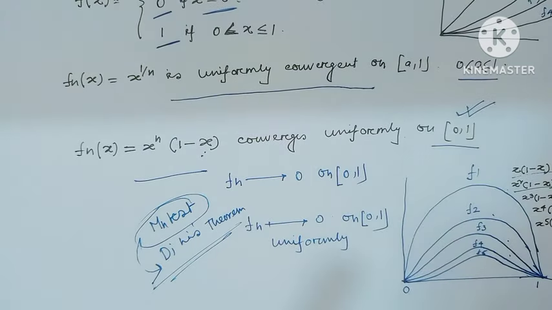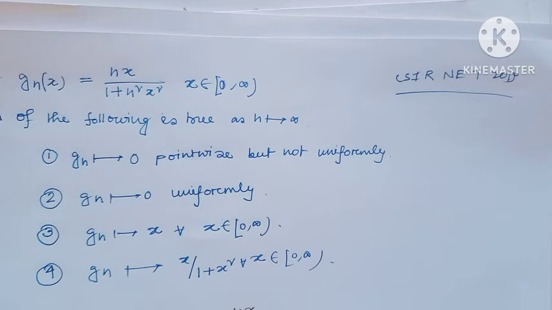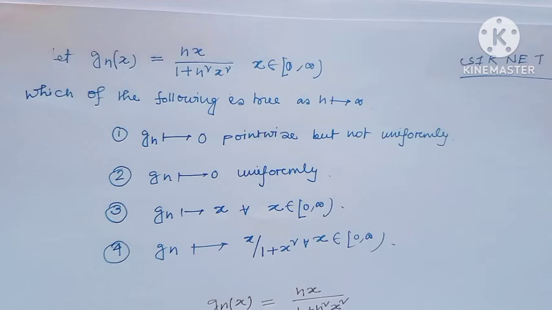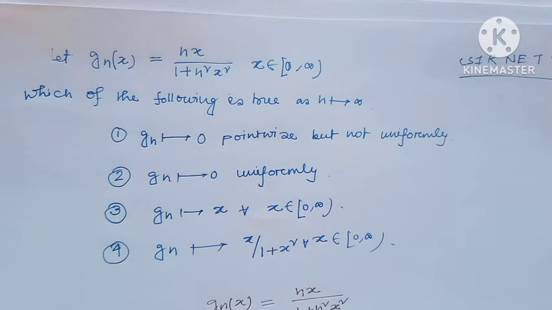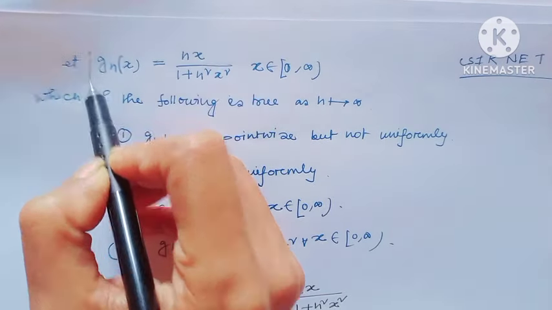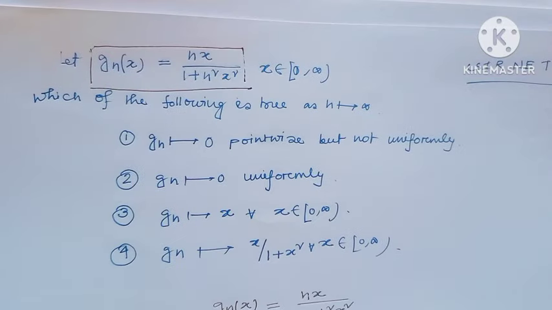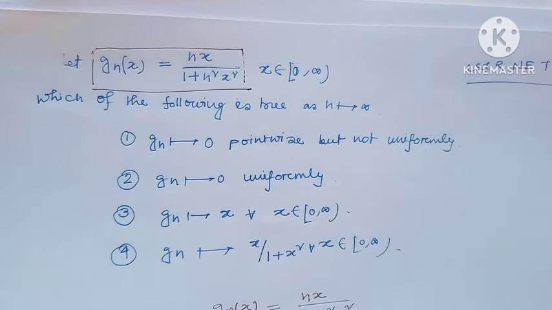Next I will see some examples which have come in different competitive exams. The next example came in the CSIR NET 2019 exam. The question is: let gn(x) equal nx over 1 plus n squared x squared, where x belongs to the closed-open interval 0 to infinity.